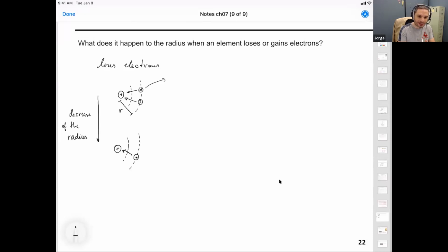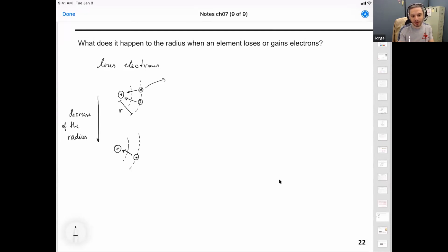Okay, so we are decreasing the number of negative charges. Therefore, the nucleus can concentrate its attention on fewer electrons and therefore pull them together. Imagine that you go to a party and you have 10 friends at the party. So you have to split your attention throughout 10 friends, diluting it.